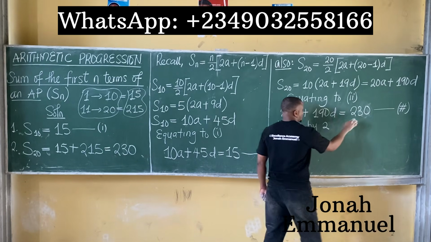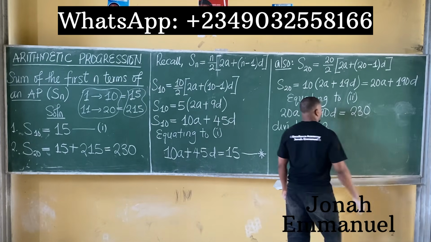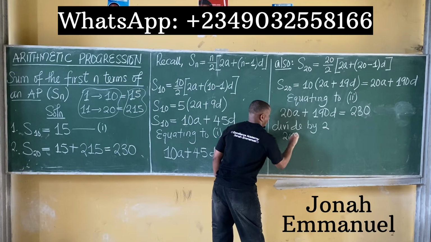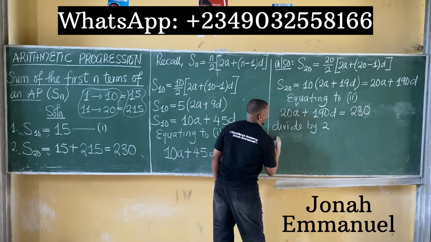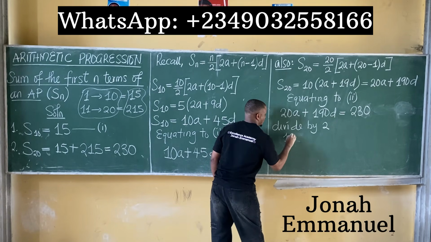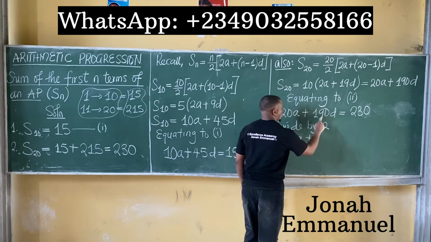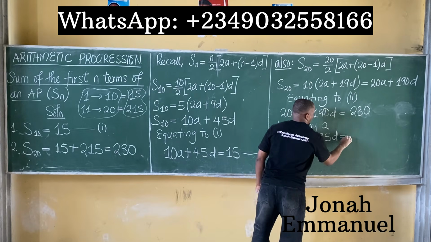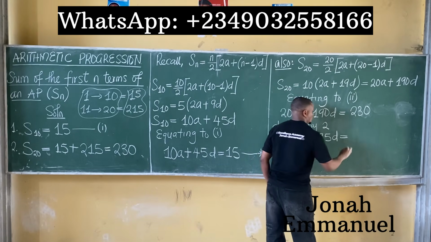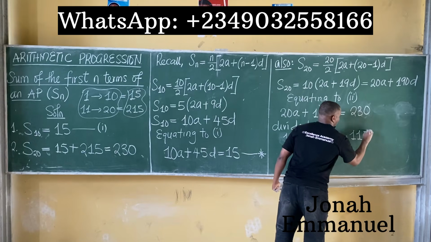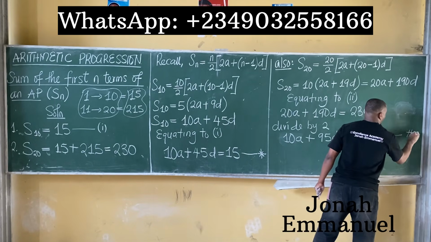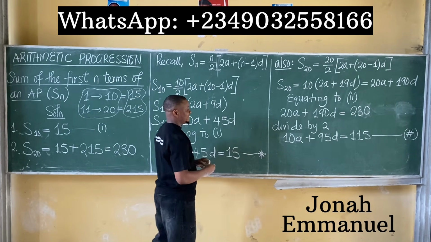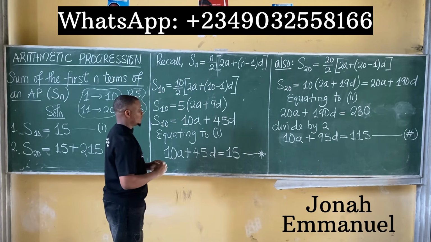Let me break this one down. 20a divided by 2 gives you 10a, plus 190d divided by 2 gives you 95d, is equal to 230 divided by 2, which gives you 115. At this point, we can now call this equation double asterisk. All right, so we have 10a plus 95d is equal to 115.